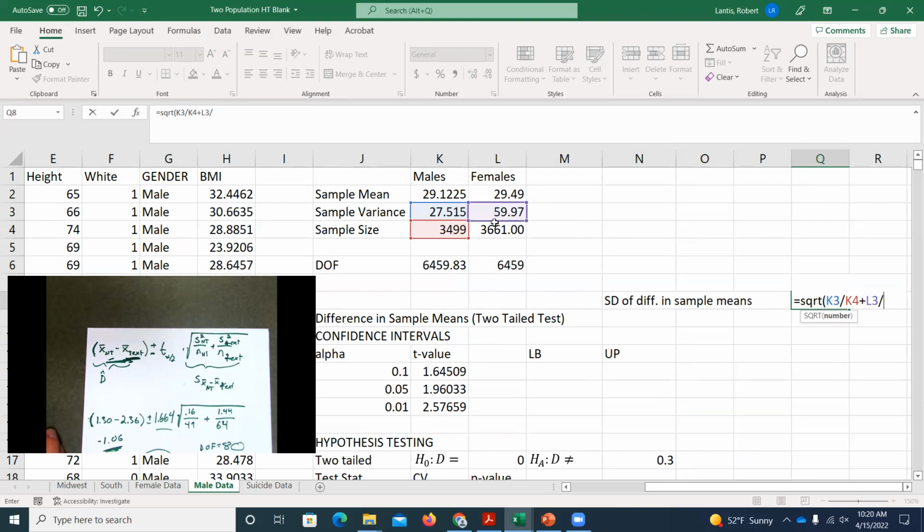So sample variance over its sample size. Okay. So I've just calculated this, so I've got one number there. So it makes it easier once I go to calculate my upper and lower bound.